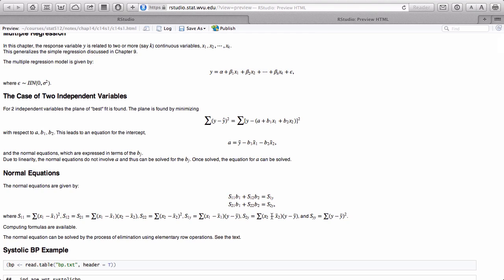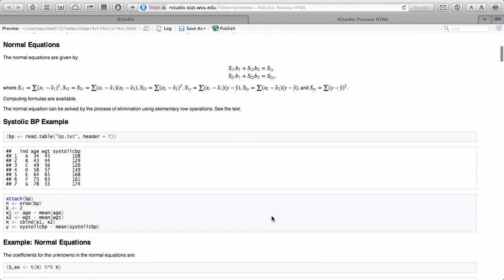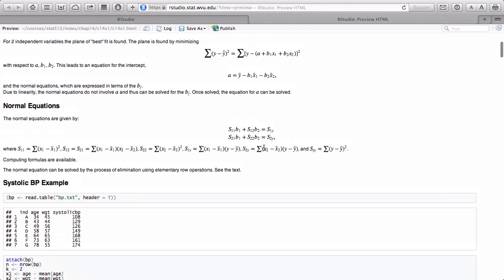If I have 5 equations and 5 unknowns, it starts to get tedious, but it's certainly possible to do it. Okay. So that will let us solve for B1 and B2, and once we have B1 and B2, I can get A as y bar minus B1 times x bar 1 minus B2 x bar 2.